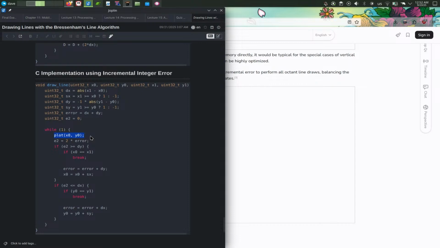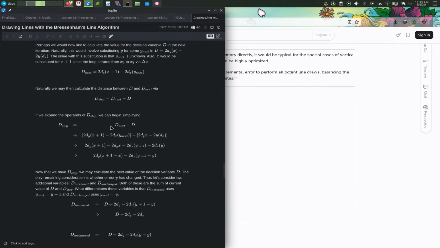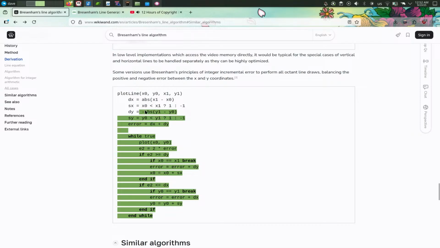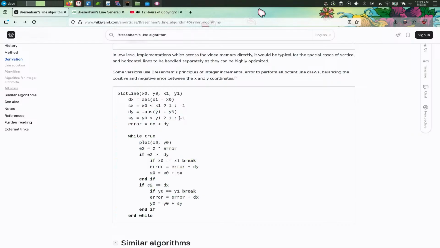Now that I have this and understand how this function works, it's kind of weird. Again, you may have seen on the side I had all this math stuff, but basically this entire implementation is just based on, if you're taking a physics class, a derivation, right? They have some set of equations initially, and they simplify them. For example, in a naive implementation, you might use the slope. But the slope is a floating point number.